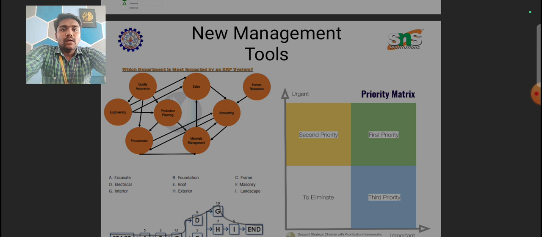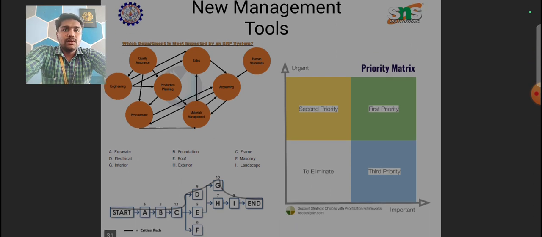While talking about the new management tools, we previously discussed certain processes with their examples. Now we are going to discuss the process flow chart.